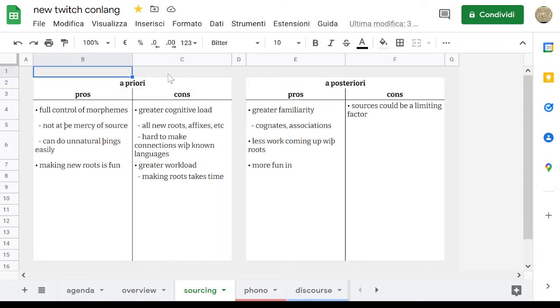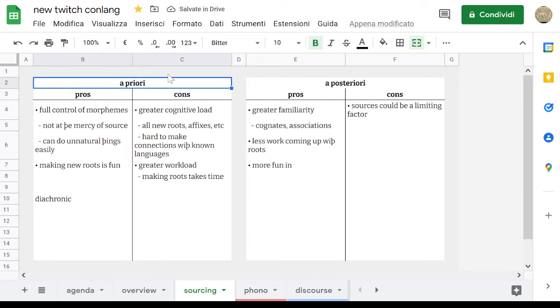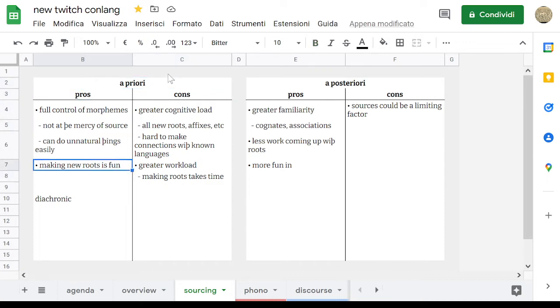So that's one thing a lot of a priori linguists will do: they'll make a proto-language and diachronically produce a daughter language. So this is the diachronic approach that I mentioned in session 4. When you make an a priori language, you could just make it directly out of your head and say, this is how the language is, or you can make roots out of your head and then build your language as if it were a descendant from the root language that you have sprung from your head.